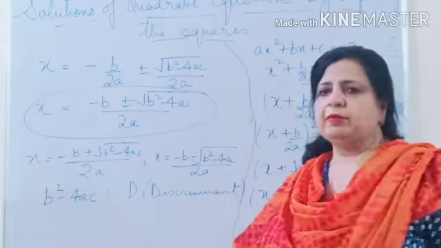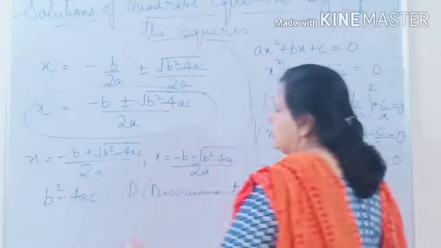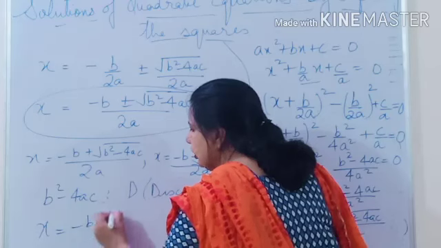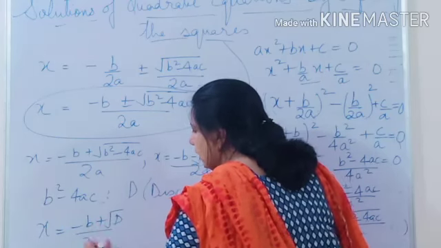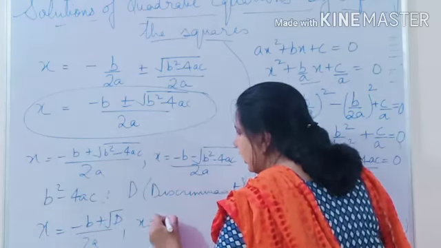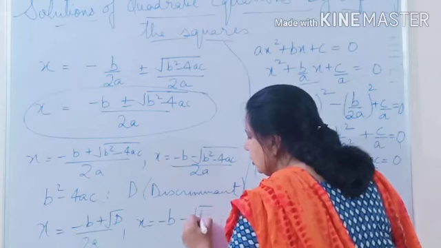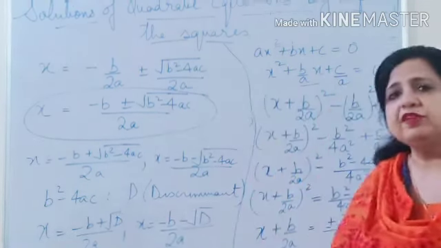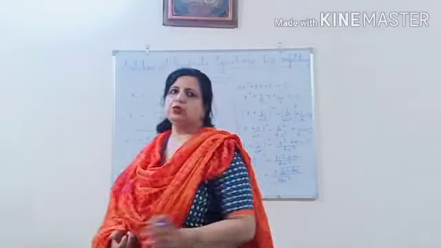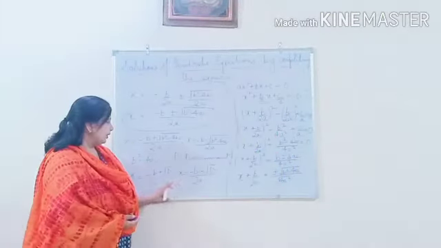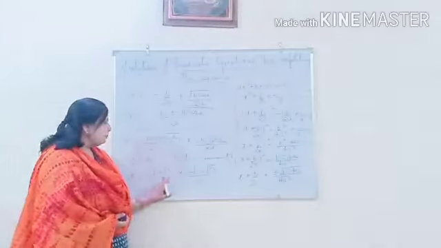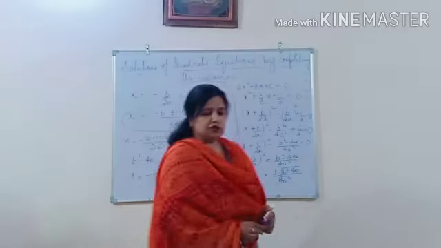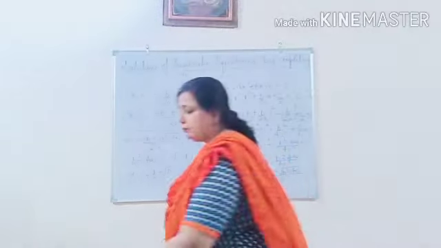So we can also write this as x equal to minus b plus root d upon 2a, and x equal to minus b minus root d upon 2a. If you find the discriminant first, then the roots in terms of discriminant will be x equal to minus b plus root d by 2a and x equal to minus b minus root d by 2a.